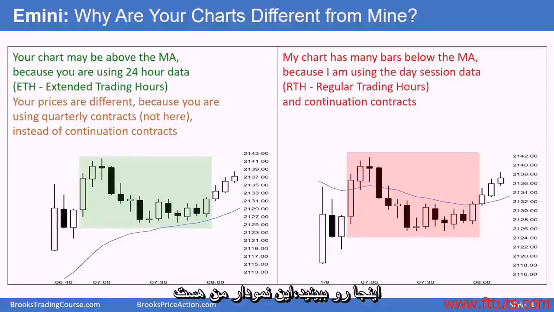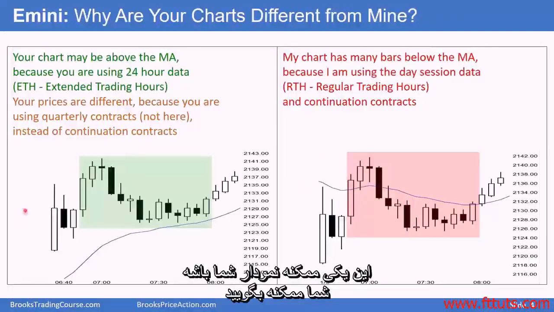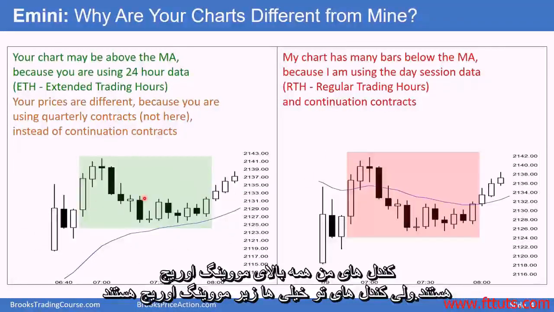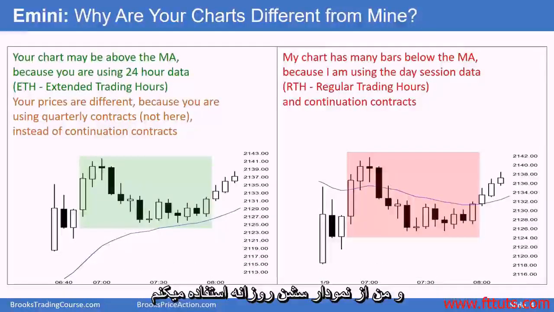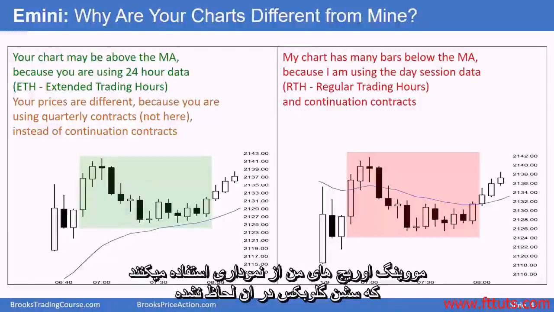Now look at this. Here's my chart. And this might be your chart. And you say, wait a minute, Al. All my bars are above the moving average, and a lot of your bars are below the moving average. What's going on? One of the things could be that you're using a 24-hour chart, a Globex chart, but I only use the day session chart. So my moving average is calculated on bars that do not include the Globex session.